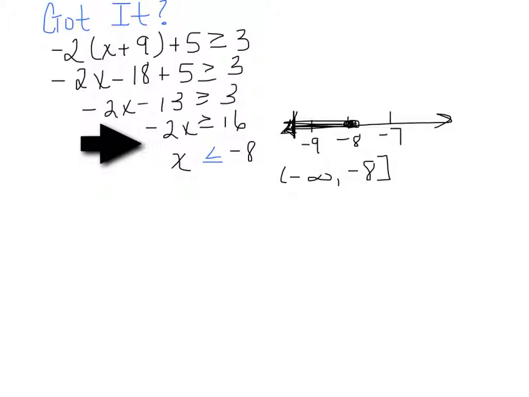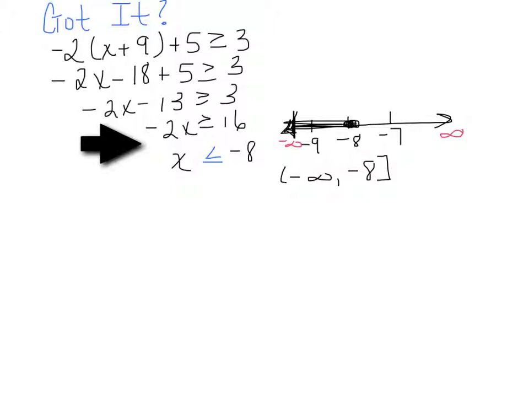Okay, if you did it correctly, this is what you should have gotten. Notice I have another example where you have to divide by a negative. And I put my big arrow just to remind you to flip that inequality. And then after I graphed it, I wrote it in interval notation. So don't forget, this side is negative infinity, this side is positive infinity.